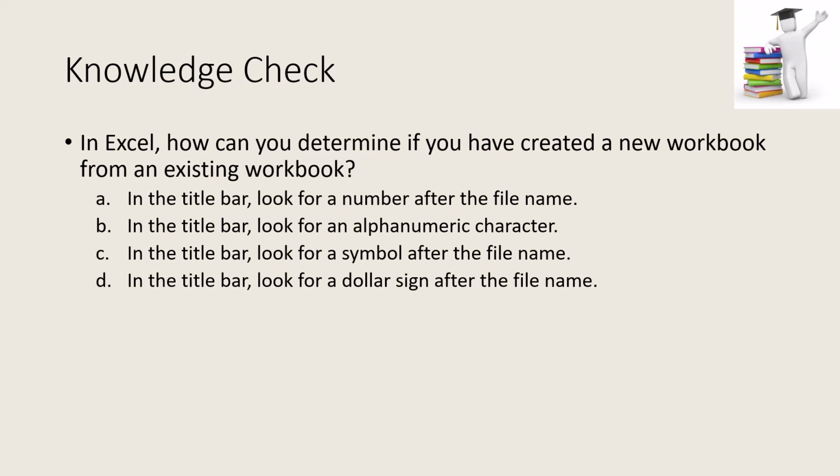D. In the title bar, look for a $ sign after the file name. Select your answer. The answer is A. In the title bar, look for a number after the file name.